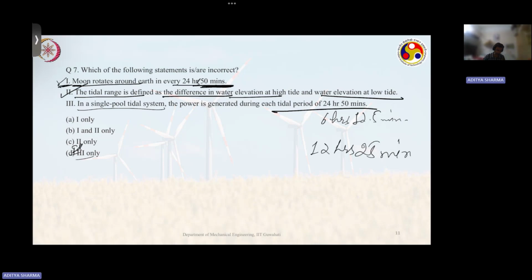So the first and third statements are incorrect. I had not given any such option, so I've added option D. These two statements are incorrect. So this was it about question number 7.